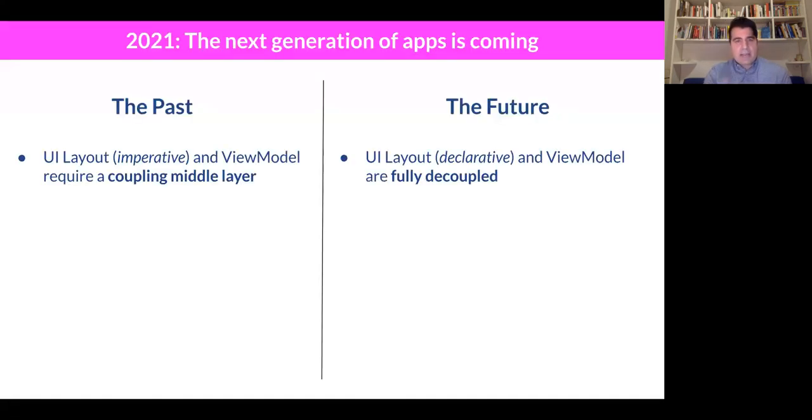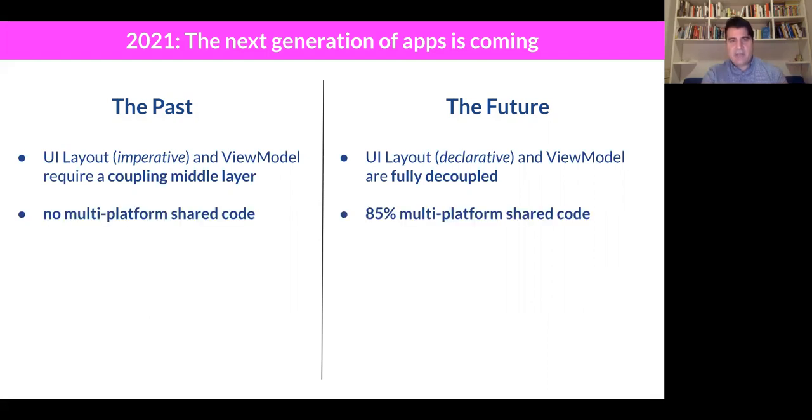So let's summarize. In the past, you had UI layout and view model, which required a coupling middle layer. In the future, you're going to have the UI layout and the view model fully decoupled. We're going to explain this properly later; we are just stating some of the things now. In the past, you didn't have any shared code in the client, and in the future, you're going to have 85% of shared code in the client.